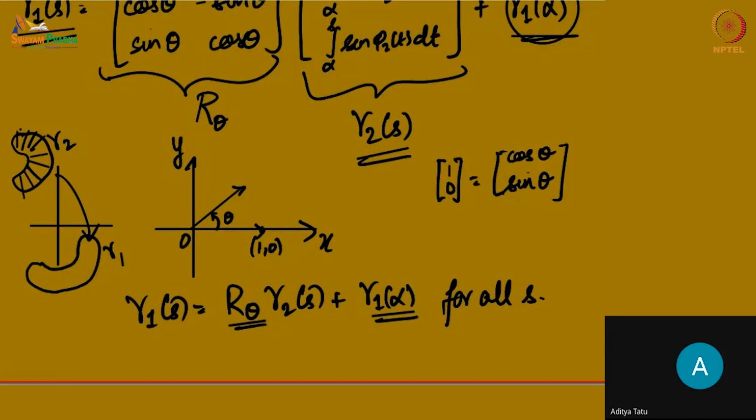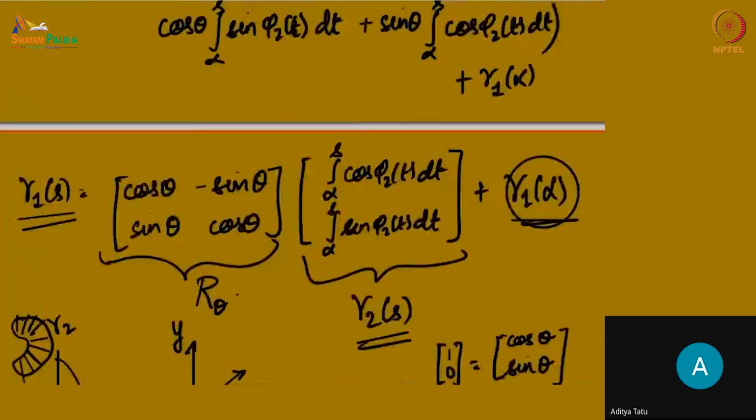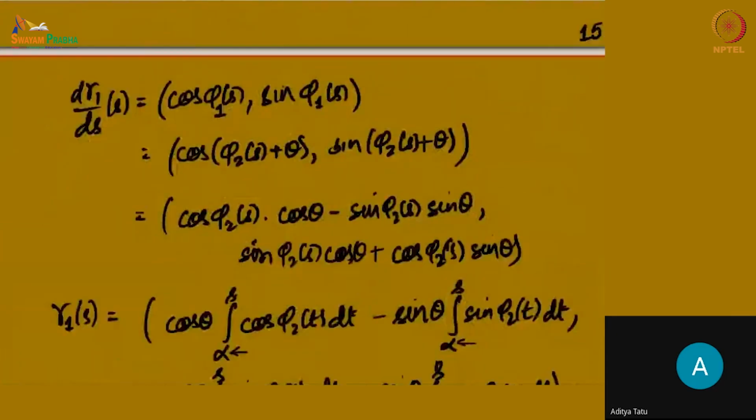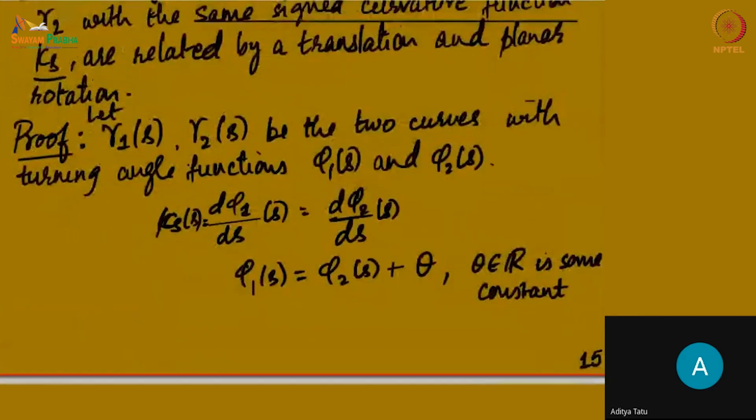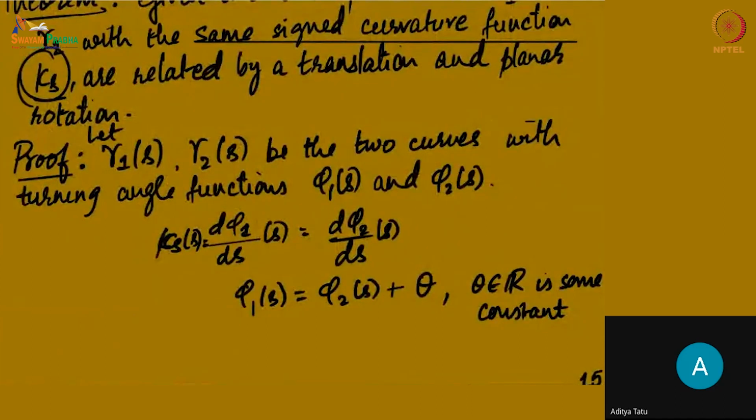So in that sense, if gamma 1 and gamma 2 come from the same object, one way to recognize that they are the same object is maybe to use curvature as a feature. Right? So that's a very practical implication of this.